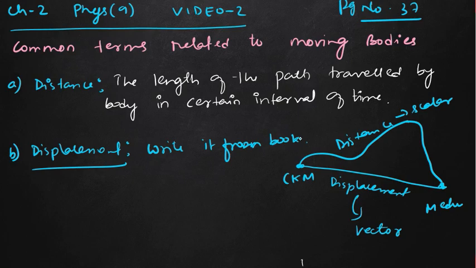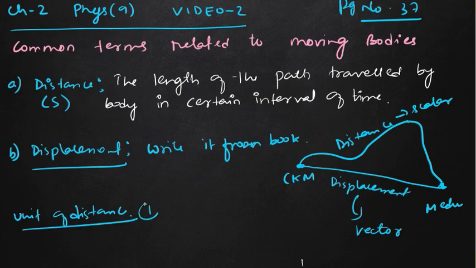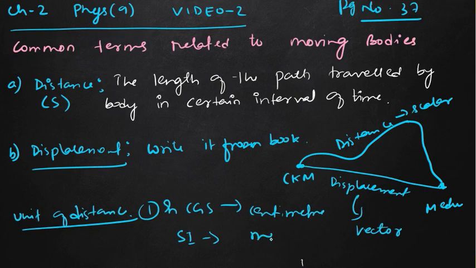And distance is represented by S. So what is the unit of distance? First, in CGS it is centimeter, whereas in SI system it is meter. And what we have learned is that distance is our scalar quantity, whereas displacement is our vector quantity.